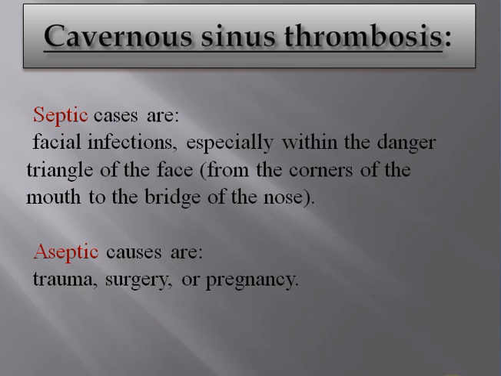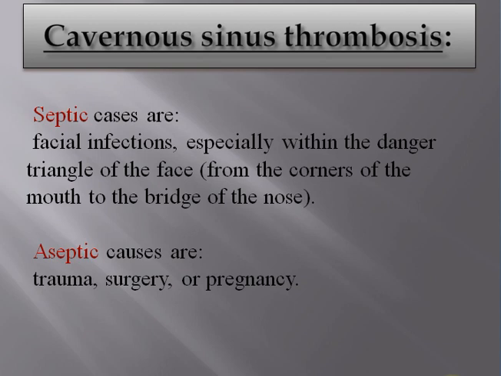A variety of thrombophilic genetic disorders may lead to cavernous sinus thrombosis, and these include factor V Leiden mutation, prothrombin mutation, and antithrombin III, protein C or S deficiency, or increased factor VIII.